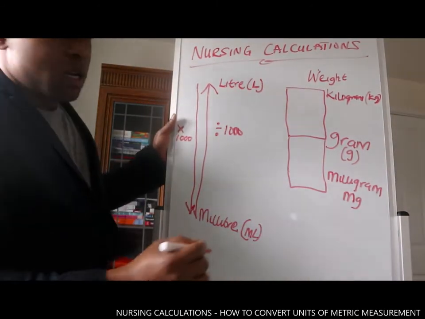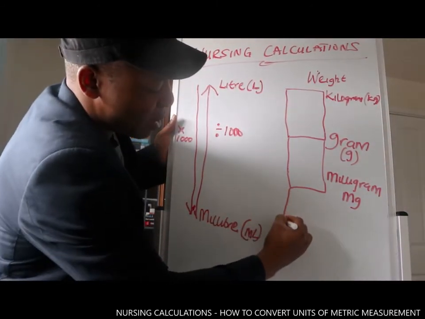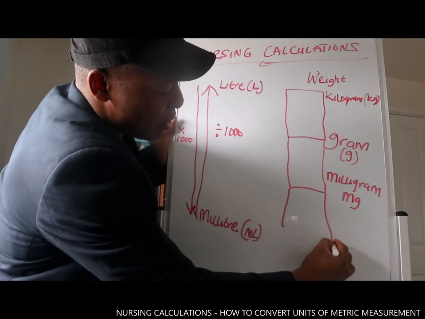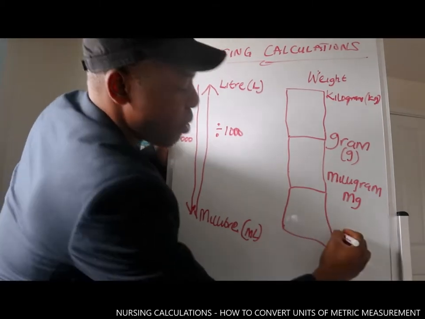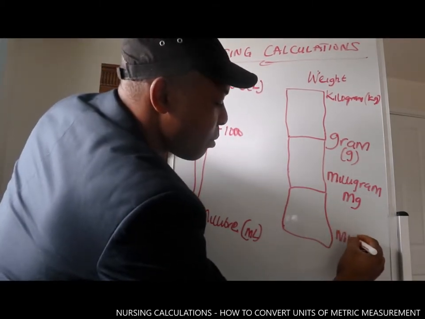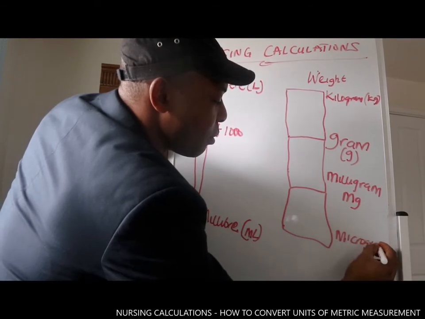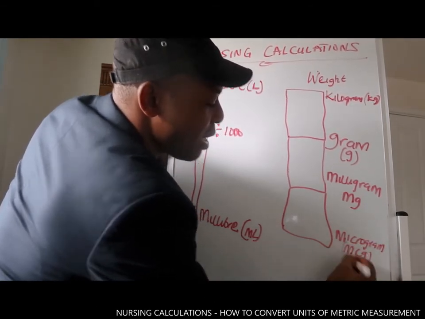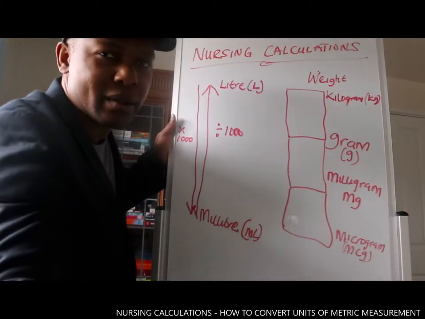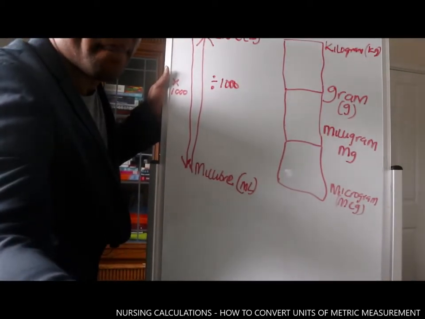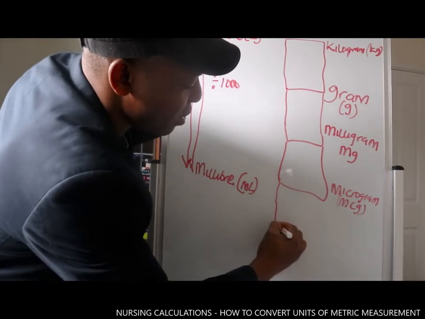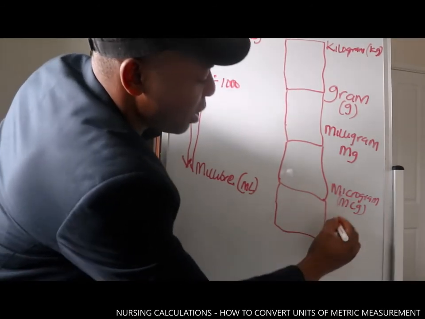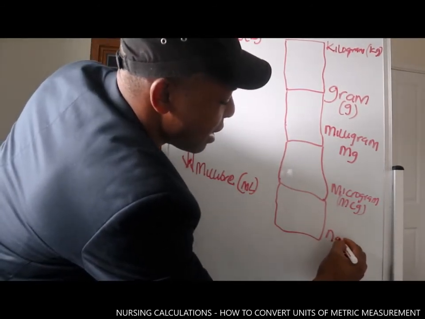Now after milligram, the next one will be microgram, which is mcg sign. Then after microgram, the next will be nanogram.